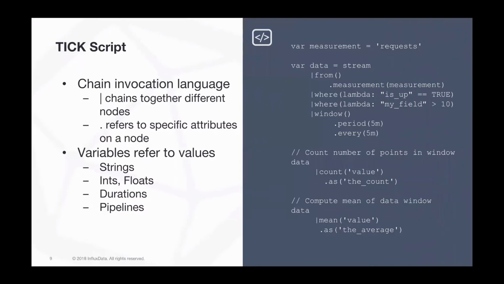When you're actually trying it out and using TICKscript, it is used in .tick files to define pipelines for processing data. So it's a chain invocation language. You can see that pipe there chains together different nodes.